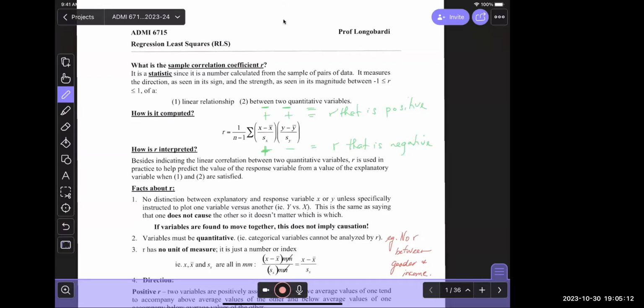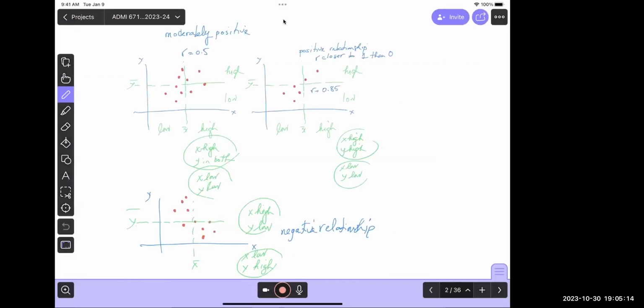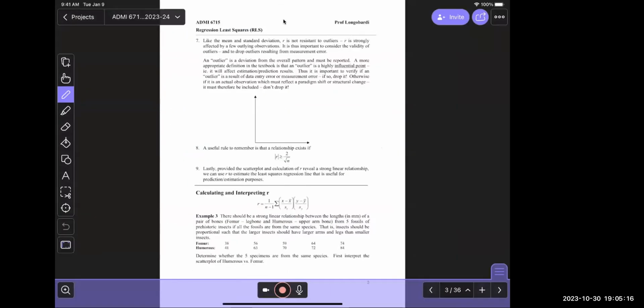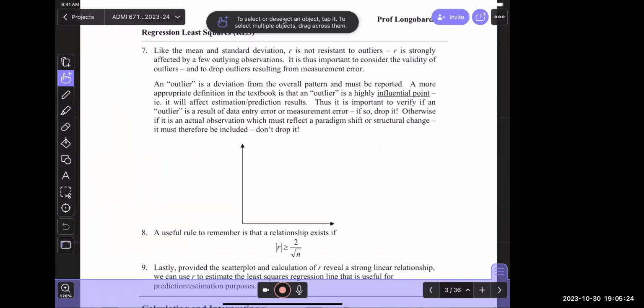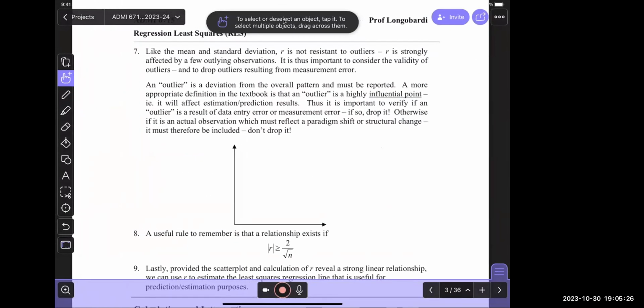All right, so we continue. The mean and standard deviation are calculated using all the values.